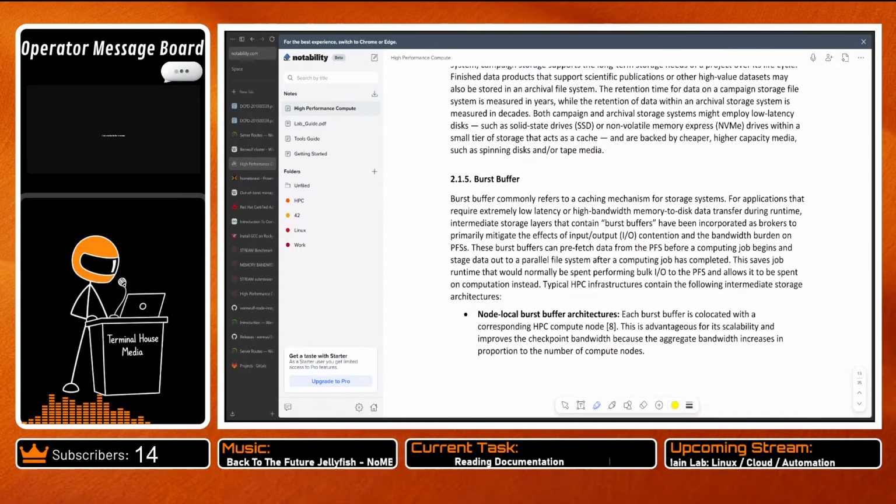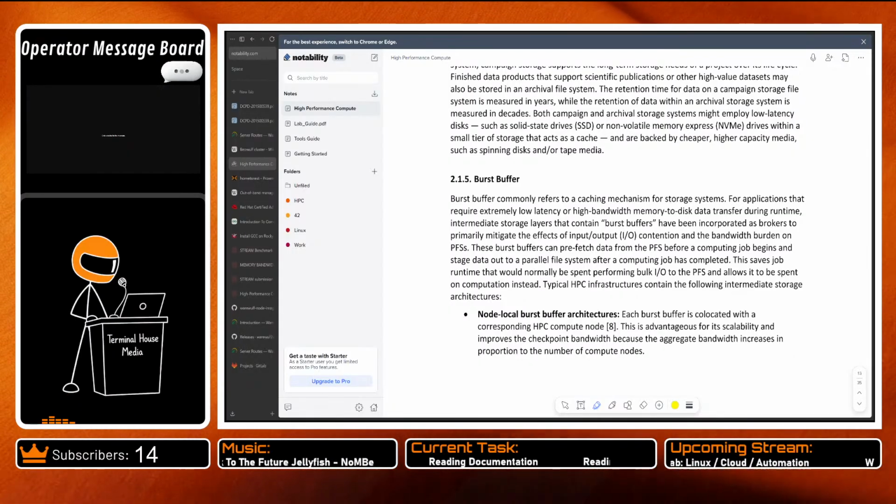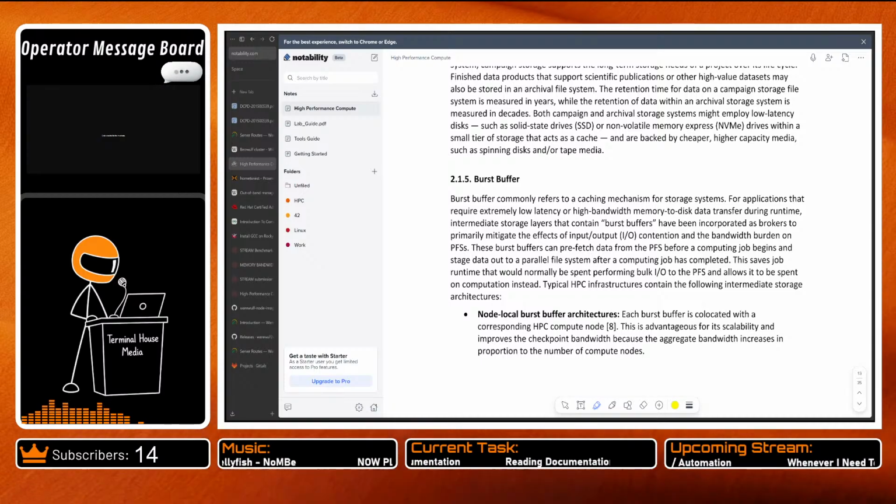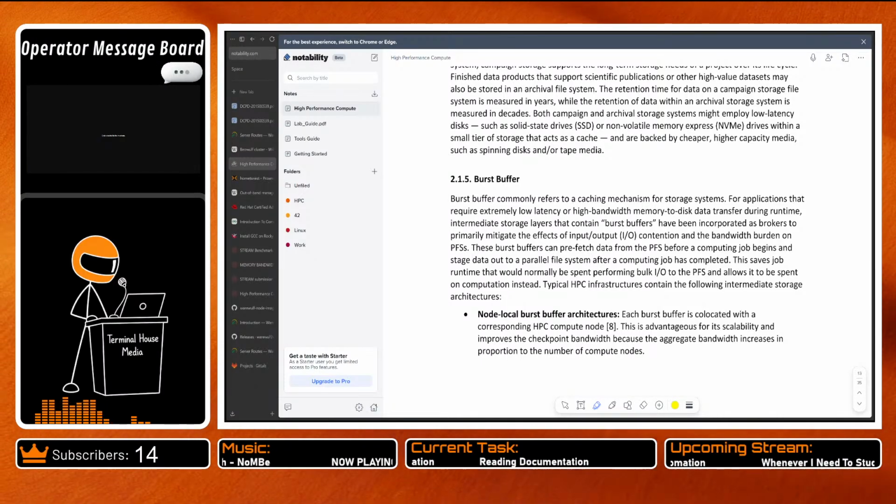These burst buffers can prefetch data from the parallel file systems before a computing job begins and stage data out to a parallel file system after a computing job has completed. This saves job runtime that would normally be spent performing bulk input-output to parallel file systems and allows it to be spent on computation instead.